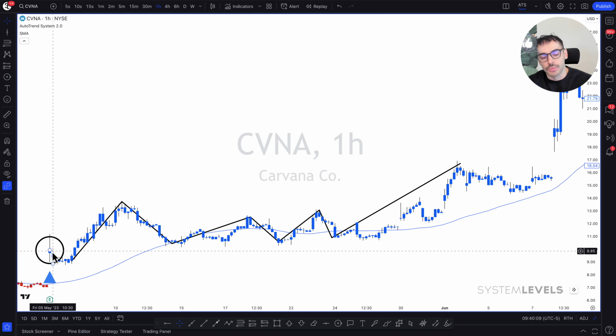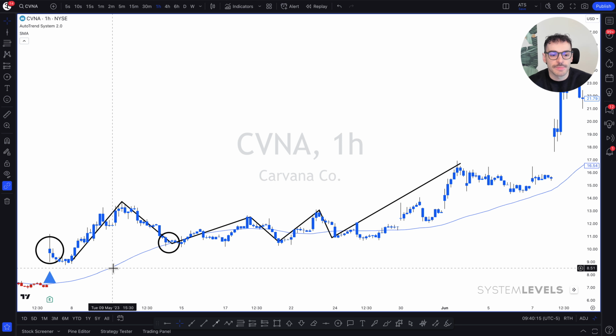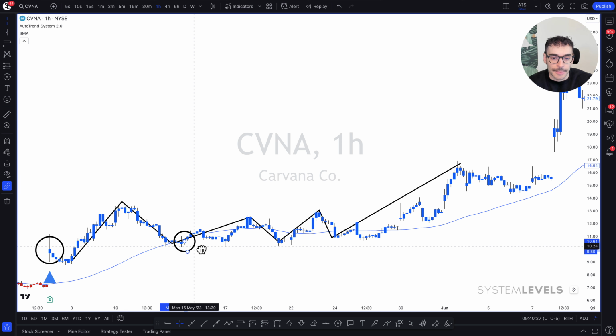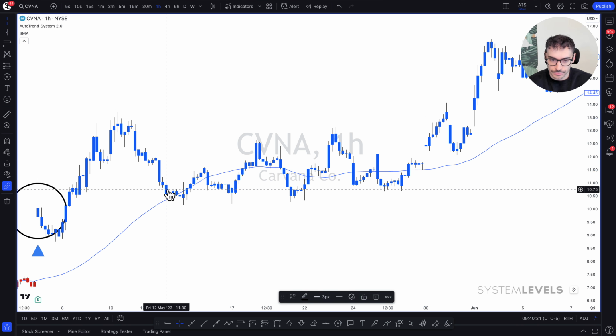The second most optimal point would be at a pullback right here. The way we measure a pullback is by using a simple moving average. So when price comes down, hits the moving average, and then starts bouncing, that's very important. When it starts bouncing, let me remove those so you can see it.